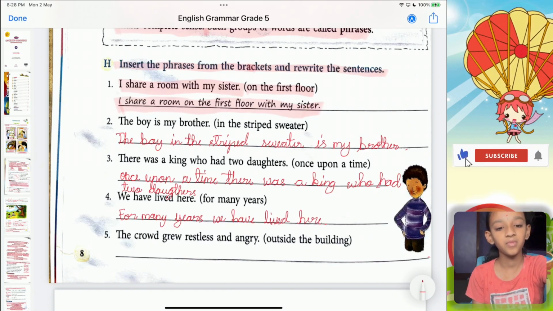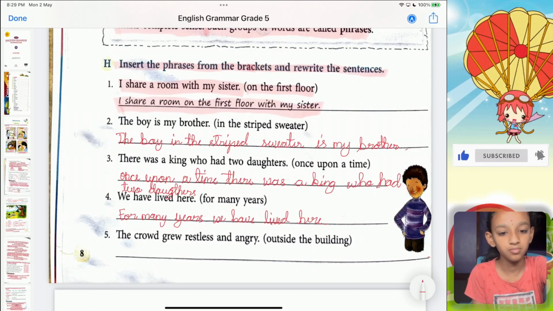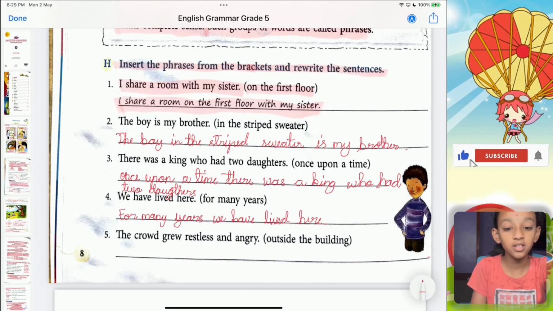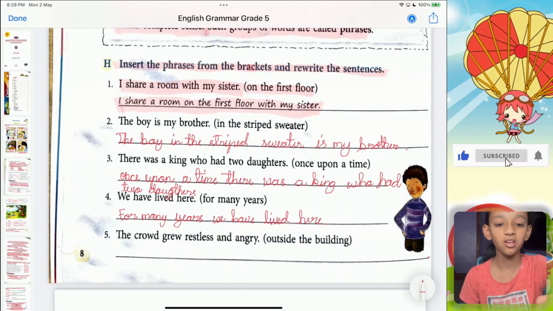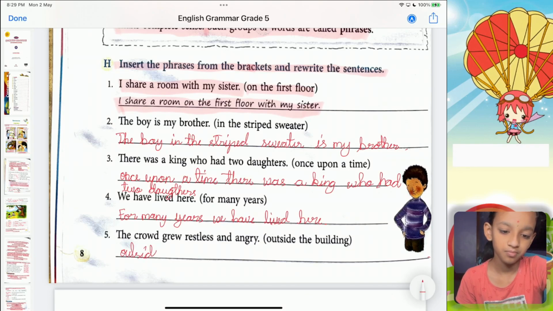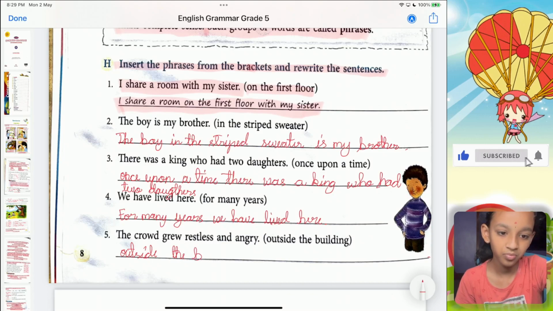The crowd grew restless and angry outside the building. Outside the building, the crowd grew restless and angry. Outside the building, and then you have to put a comma.